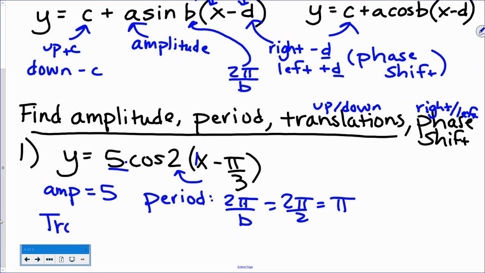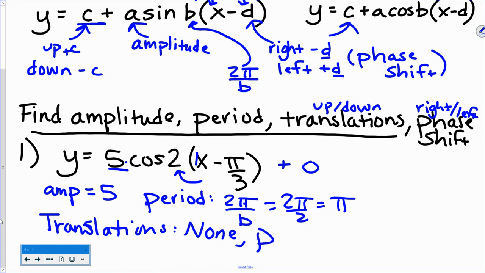Next, the translations. There has to be a number adding or subtracting, a number out in front, whether it's positive or negative. There is no number out in front, or it would have to be off to the side over here. So technically that would be 0. So there are no translations.